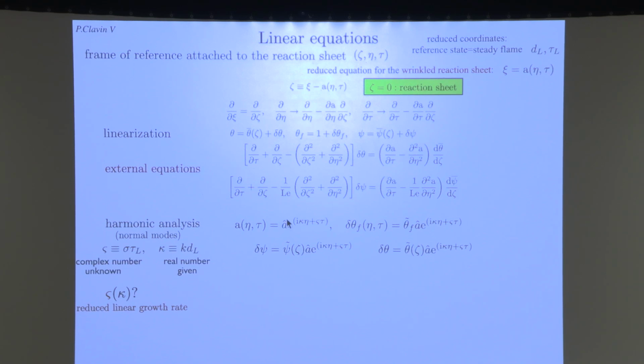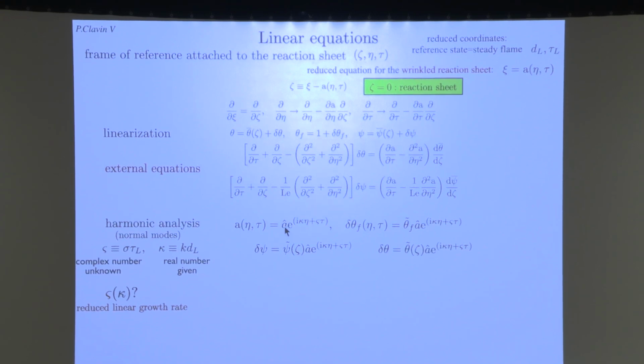This is a Fourier transform. And in the other fields, I look also for the same kind of structure, but I define a tilde here, which is multiplied by this displacement. This is just to simplify the presentation.